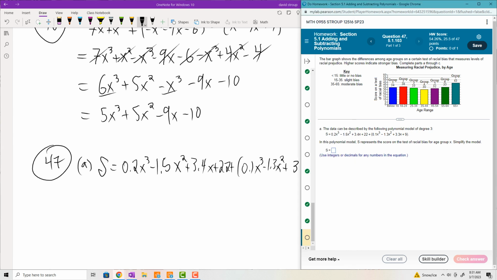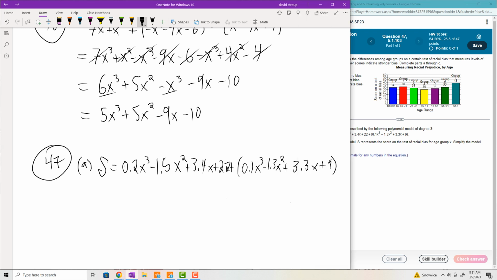Okay, so they give you this model. It's degree 3. And this polynomial model, S represents the score on a test of racial bias for age group x. Simplify the model.